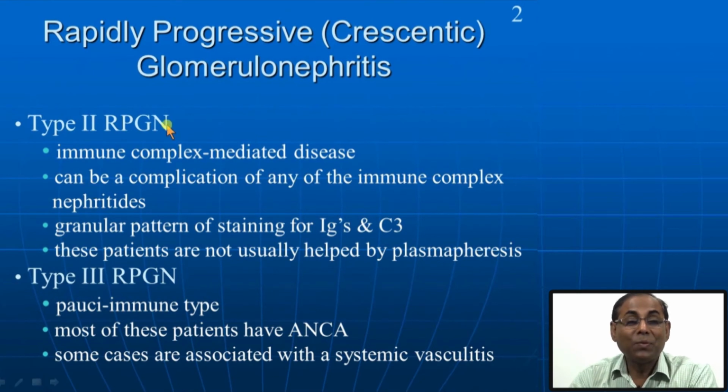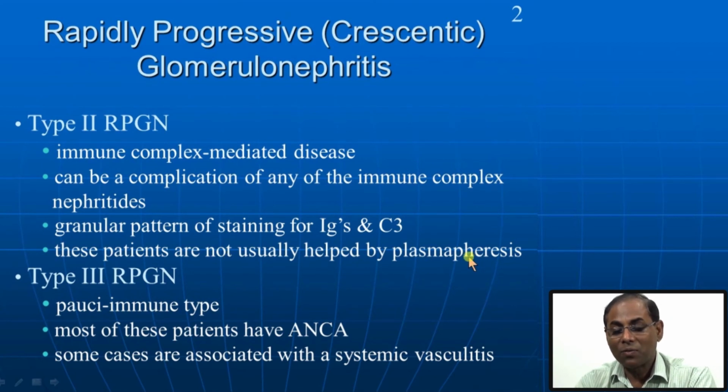And then type 2 rapidly progressive glomerulonephritis is immune complex mediated disease, a complication of immune complex nephritis. If you do immunofluorescence, we get deposition of IgG and C3. Earlier we got a linear deposit, whereas here we get a granular pattern of deposit of IgG and C3.